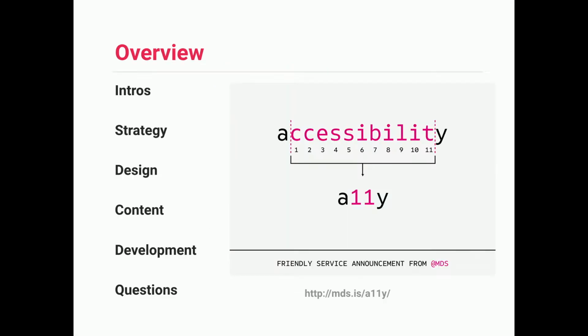So this is just an overview of what we're going to talk about. I'll do some intros, and then we're going to go through each stage in the process of building. Well, we don't just build websites anymore, do we? They're really rich applications that happen to use the web as a platform. But this is the set of stages that a lot of our projects go through, with a few key principles at each of these stages.